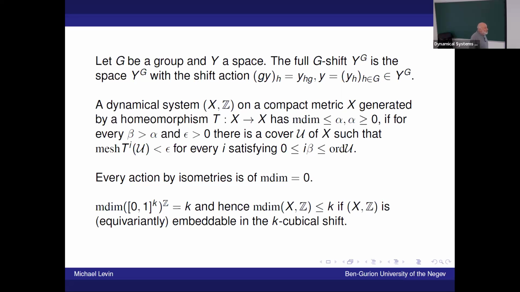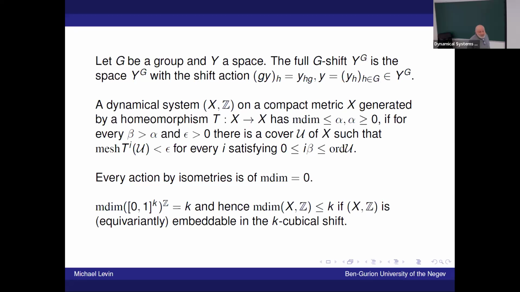Namely, the number of iterations should satisfy an inequality: it must be bounded by the order of U. The order of U is the multiplicity of U, the maximum number of elements having non-empty intersection. Or you can reduce it by 1, it doesn't matter. It will be the same result.